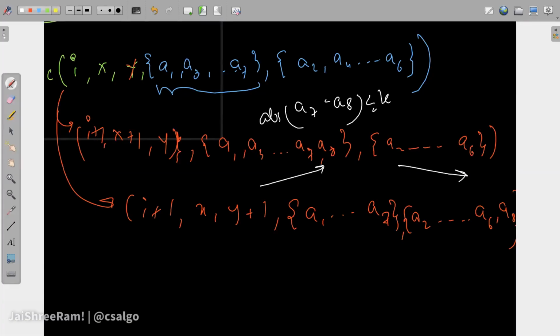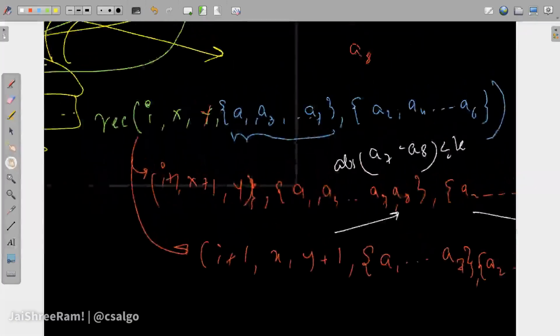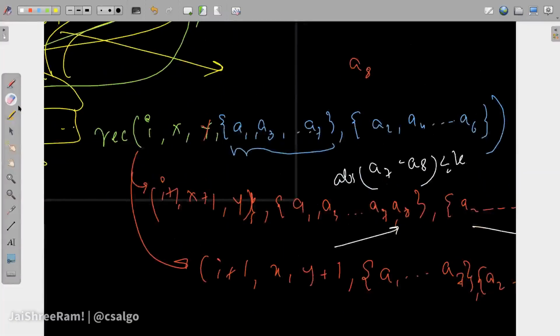So now from this brute force, we will go to DP. I'm quickly removing these two transitions. Let's talk about this. First of all, do we need to store this whole sequence over here? What do we need out of this whole sequence?